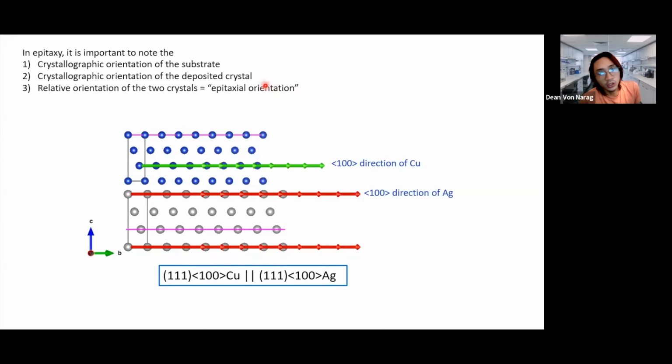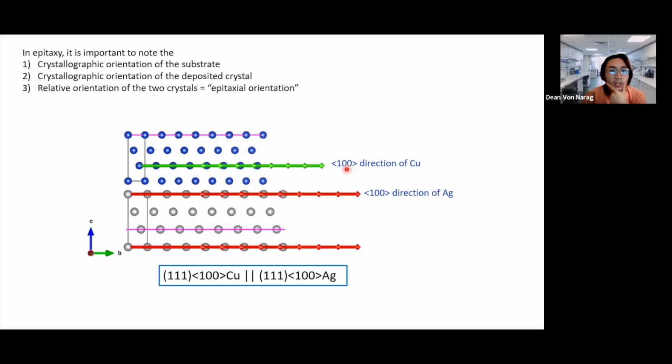Additionally, we have a third thing to keep in mind, and that is the relative orientation of the two crystals, usually called the epitaxial orientation. So here, again, we have the 111 plane of copper, 111 oriented copper, epitaxially grown on 111 silver. But we need to take into account the epitaxial orientation.